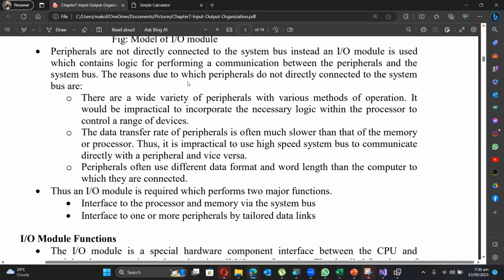Hence, the words which are sent to and from the device are also very different. Hence, it is the job of the I/O module to control this and make sure there is standardized transfer of data between all the devices which are available.